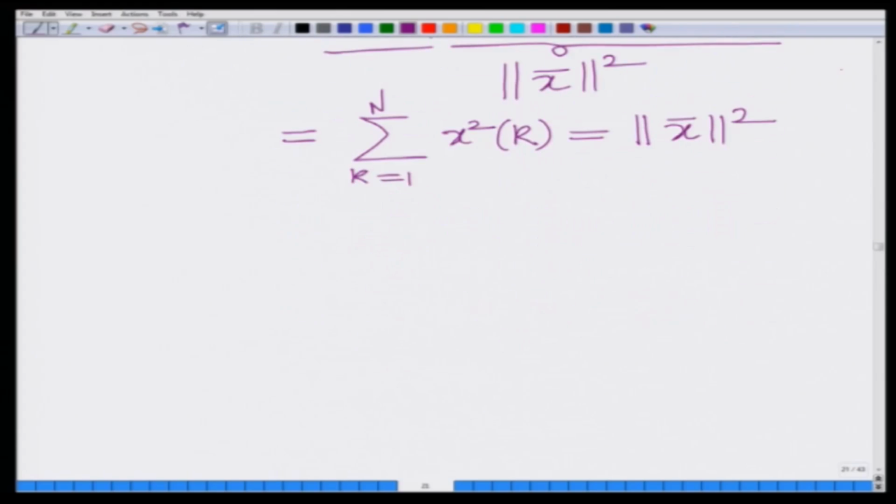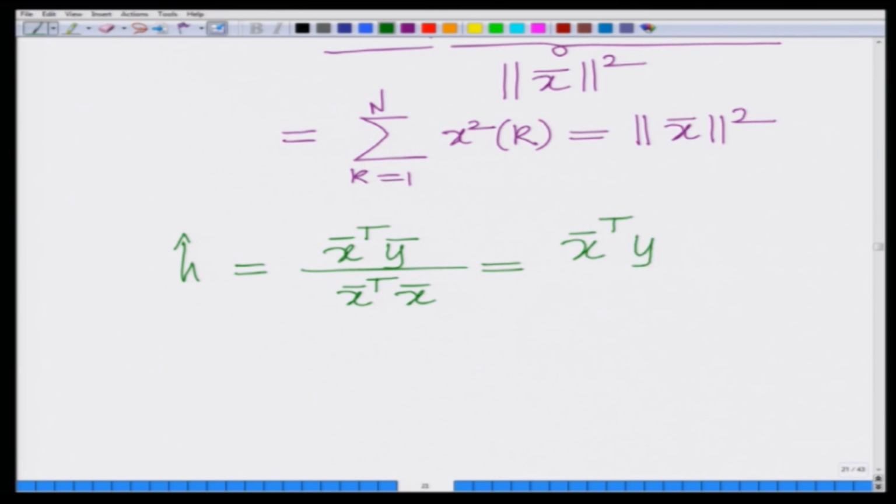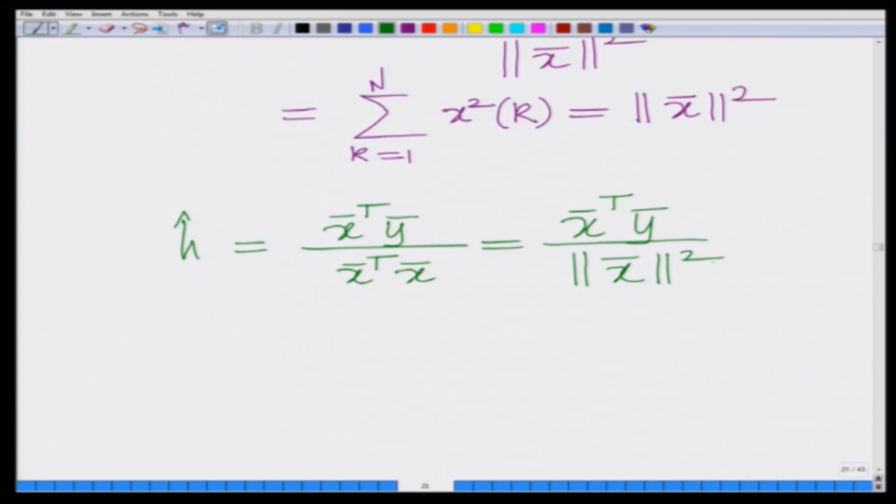Therefore, I can write the maximum likelihood estimate compactly as x bar transpose y bar divided by x bar transpose x bar, which is also x bar transpose y bar divided by norm of x bar square.